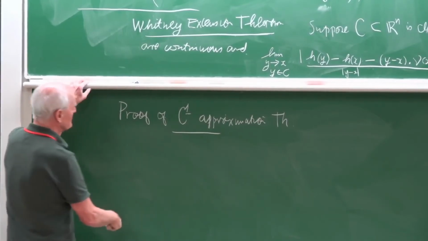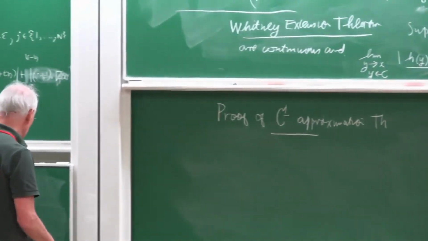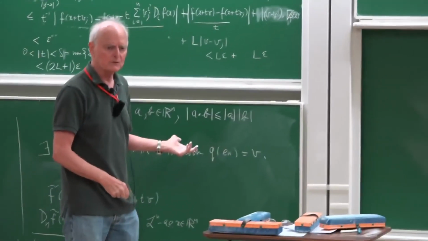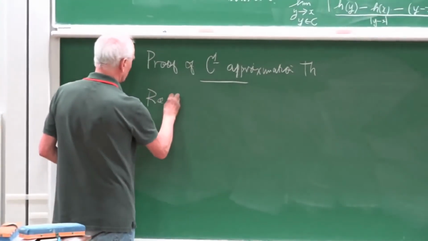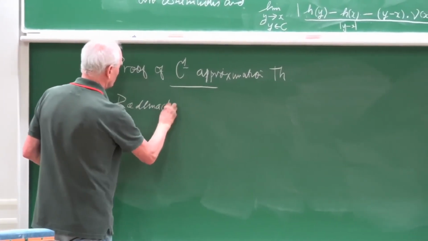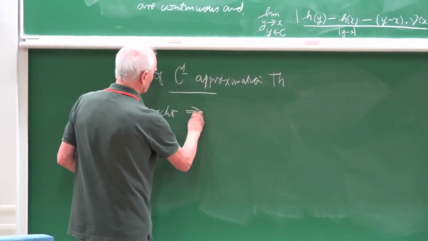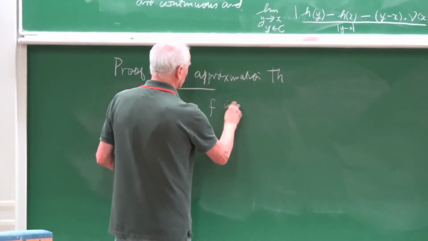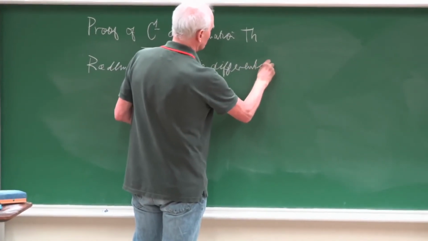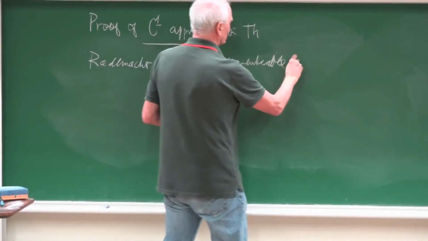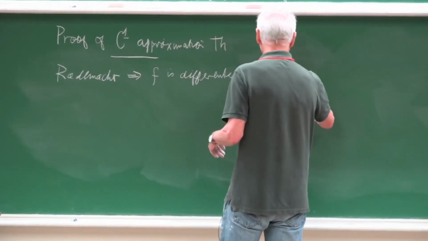We know that f is differentiable almost everywhere. That's what the Rademacher theorem says. So Rademacher implies that f is classically differentiable Ln almost everywhere.